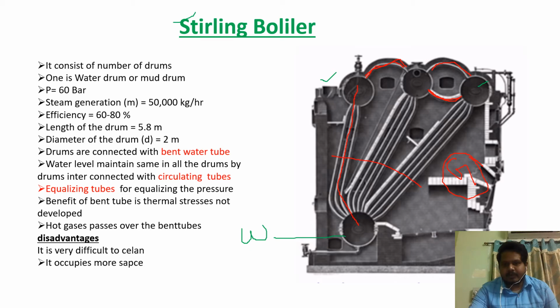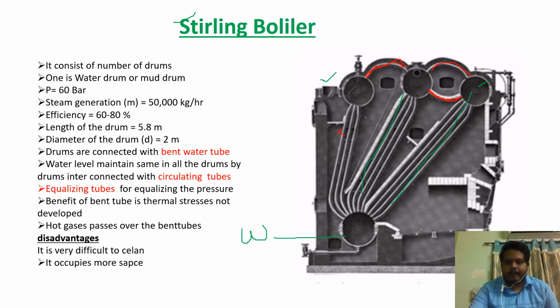Those gases will flow over the tubes. When hot gases flow over the tubes, the water will be converted into steam. As steam has low density, automatically the steam will move upwards into the drum.